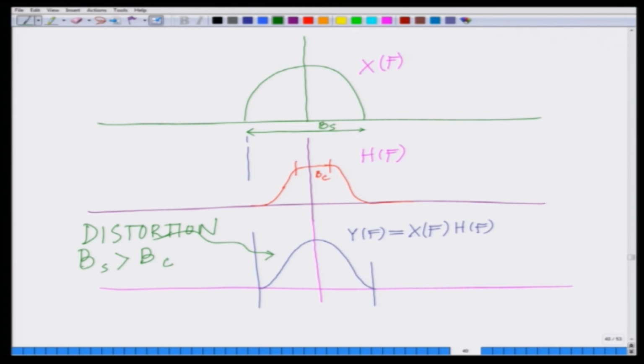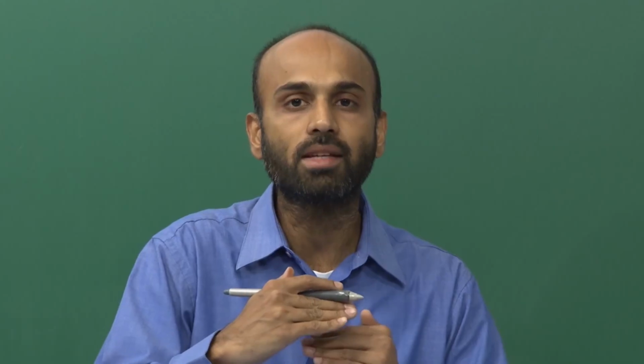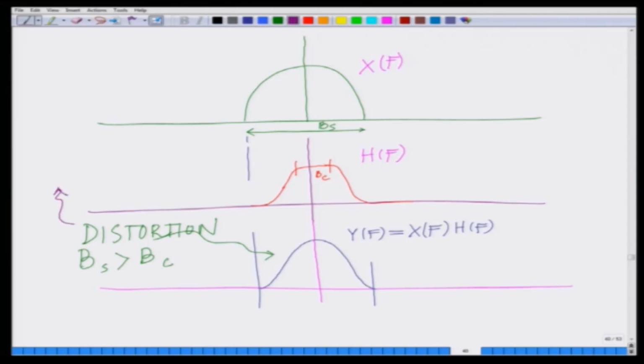So, when the signal bandwidth Bs is greater than the coherence bandwidth, that is greater than the flat portion of the channel bandwidth, which is Bc, then when you multiply the signal Fourier transform with the channel Fourier transform, what you get at the receiver is basically a distorted version of the frequency response of the signal, and this is arising because Bs is greater than Bc, and this is termed as frequency selective fading.